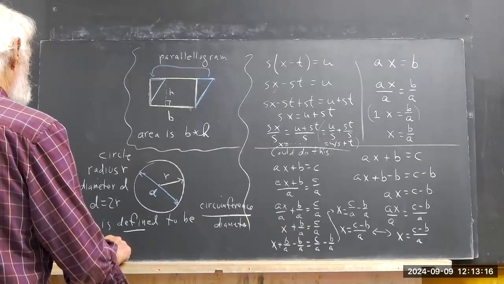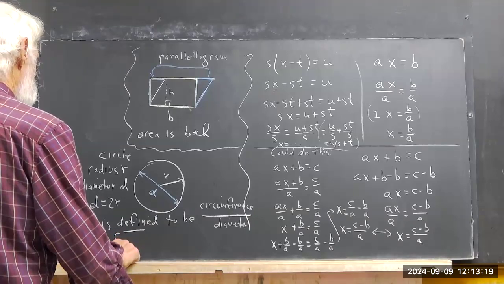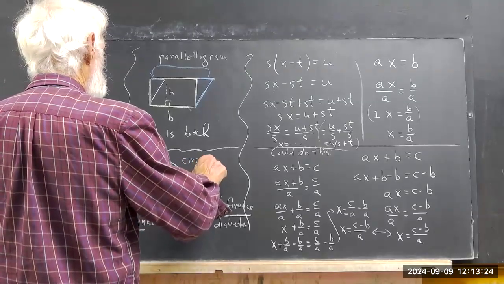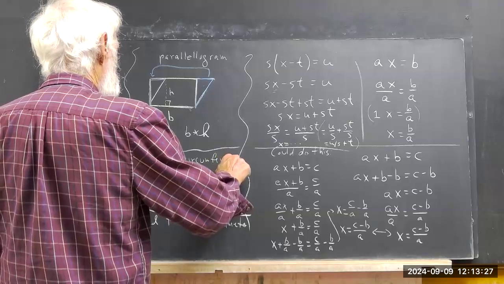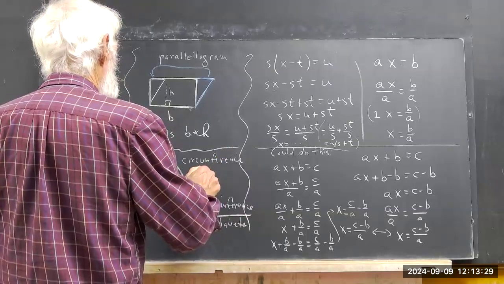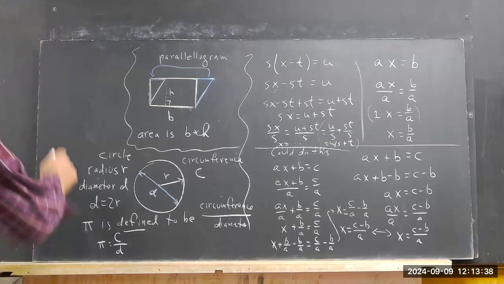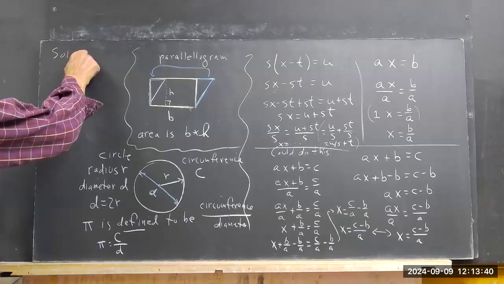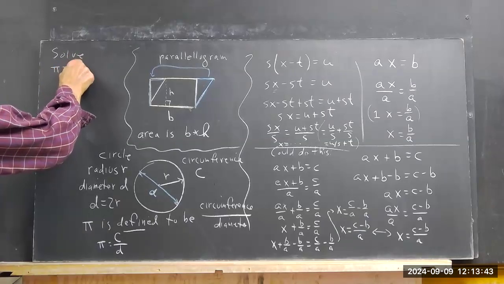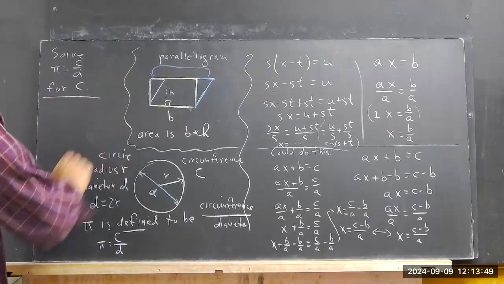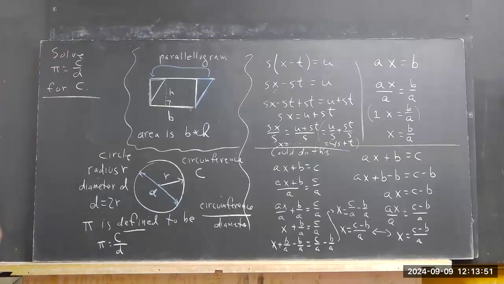So we could say pi equals C over D. Since pi equals C over D, how would you solve pi equals C over D for C? See if you can write out the steps.